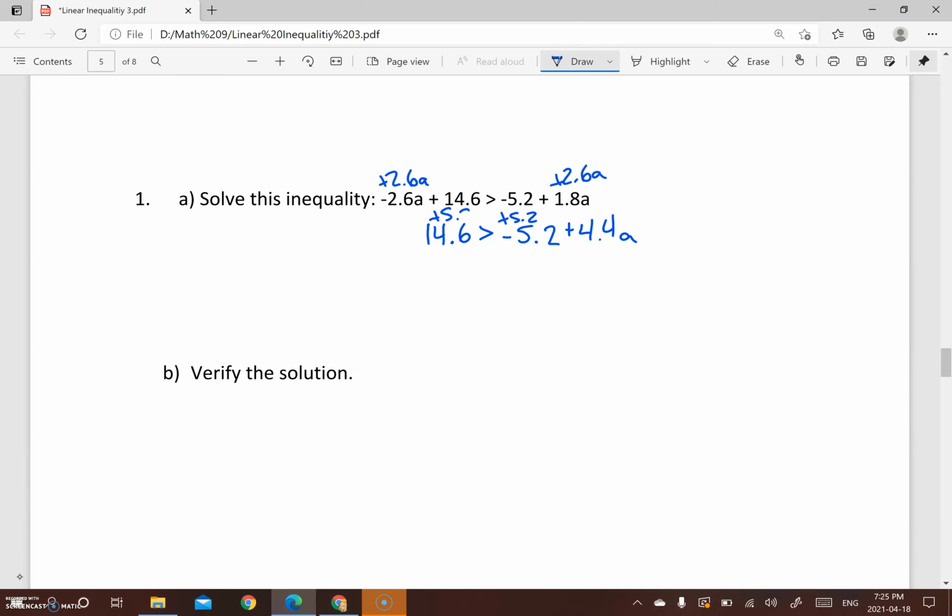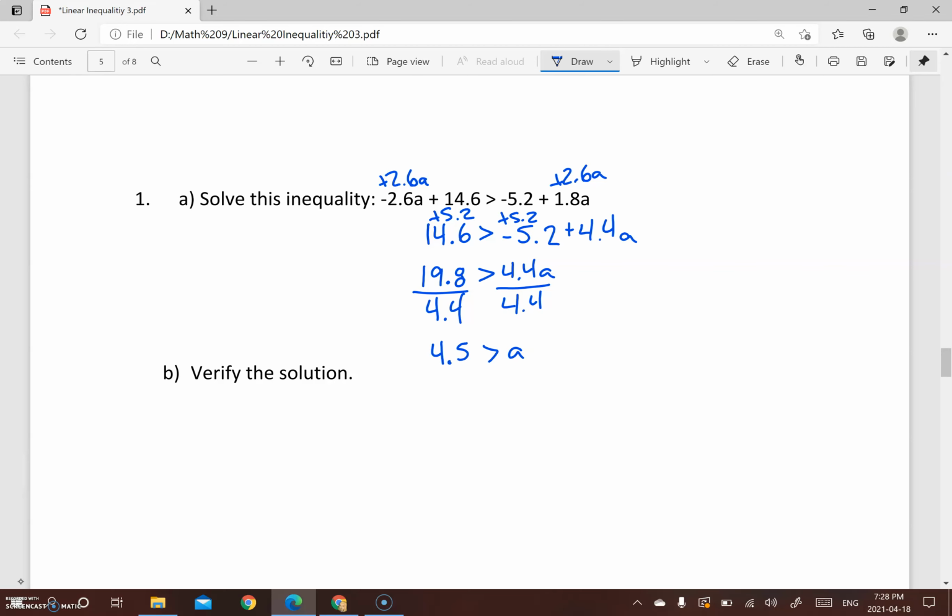So I'm going to add 5.2 to the other side. And then divide by 4.4. We get 4.5 is greater than a.